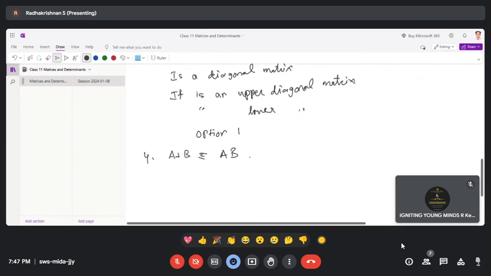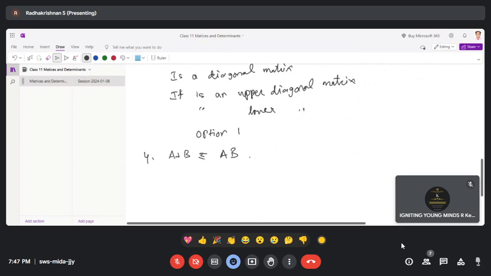Otherwise, we cannot add 2 matrices of 2 different orders. So A and B must be of the same order. So this option is not true. Next, A and B are square matrices of the same order. Is that true? Yes, sir. It's correct, sir.